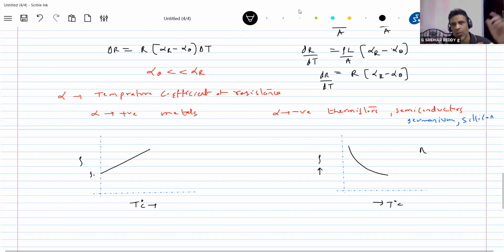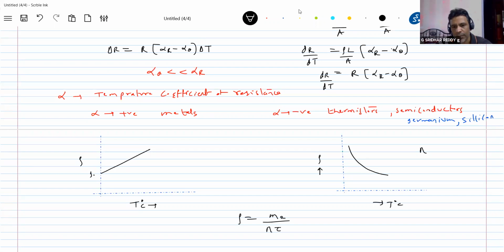Can you remember rho equals m over eta e squared tau? I'm just discussing all the concepts we discussed, analyzing with the help of this one only. In case of metals, the effect of eta is almost negligible. The tau decreases, that's why rho increases. In case of semiconductors, the tau, though it changes, has a negligible effect.